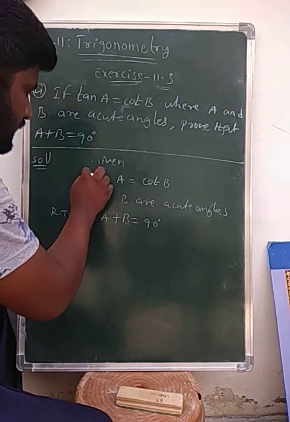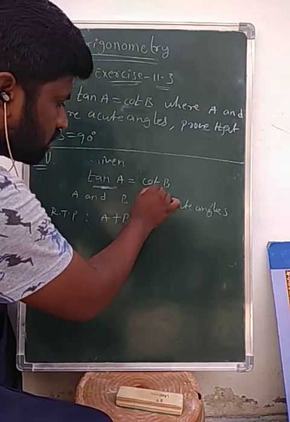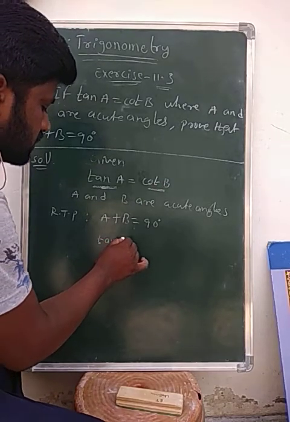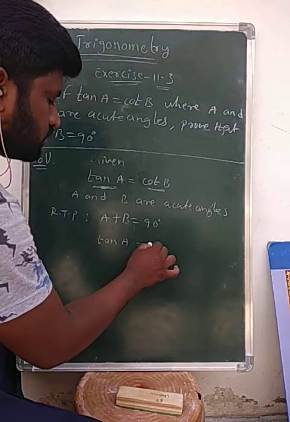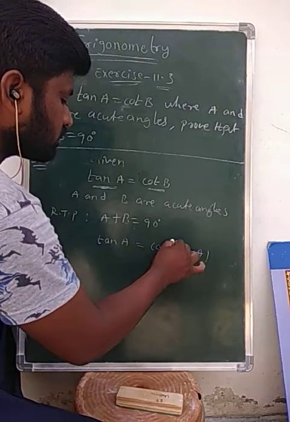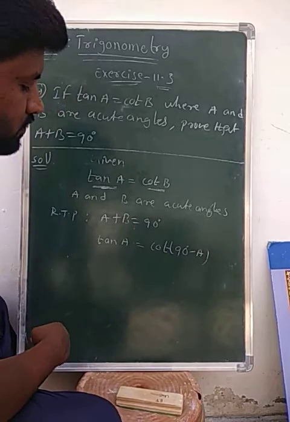So we know tan A is equal to cot B is given. We have a formula, that is tan A is equal to cot of 90 degrees minus A. What is the formula?